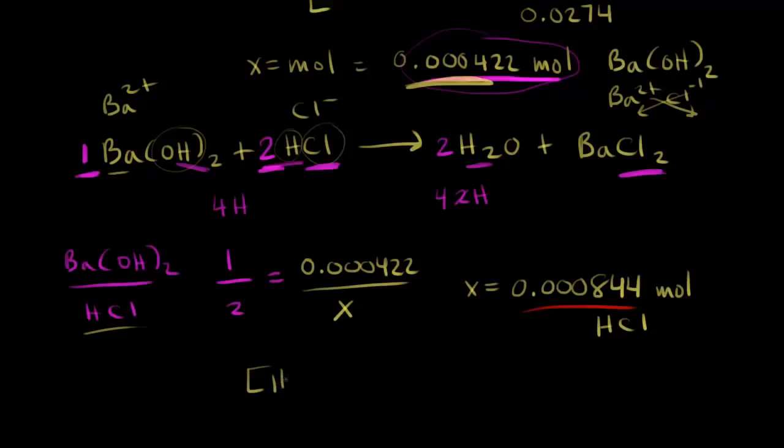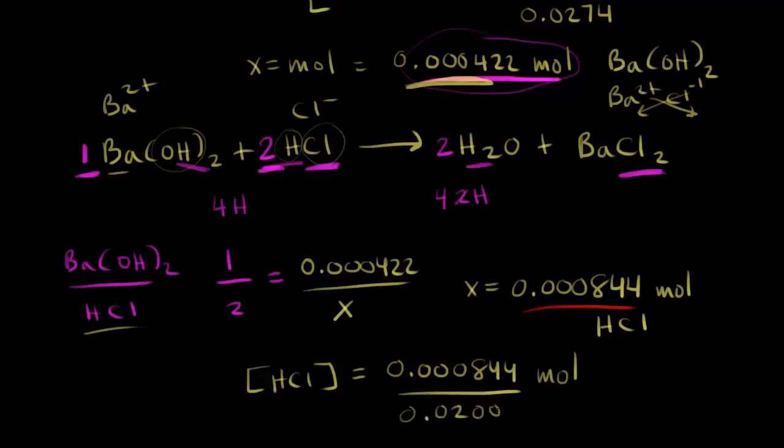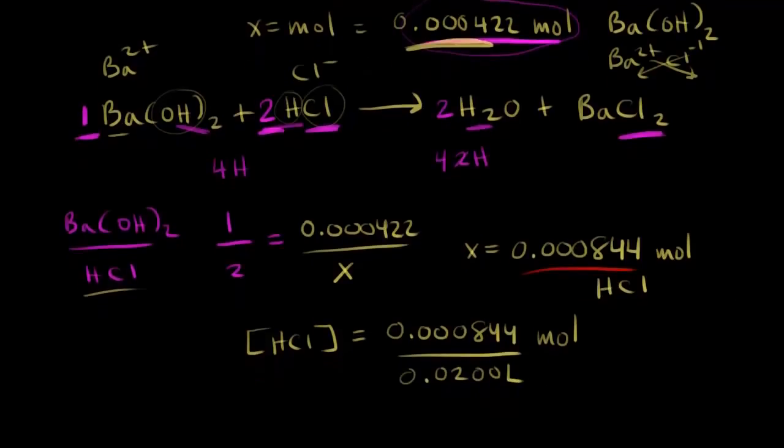So the concentration of HCl in our original solution would be 0.000844 moles divided by liters, 0.0200 liters. 20 milliliters is equal to 0.0200 liters.